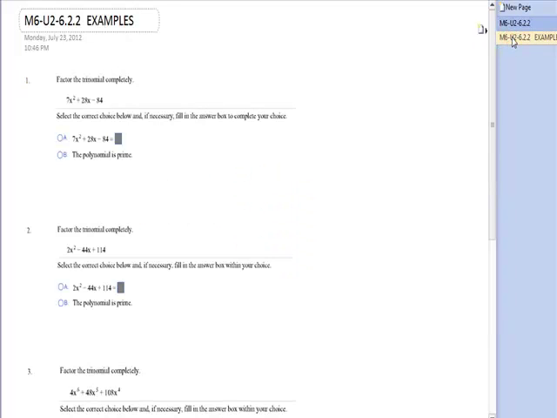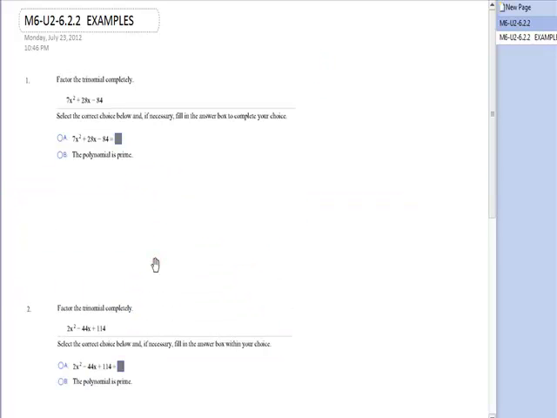All right, let's look at our problems. The first one, I have 7x squared plus 28x minus 84. I look at this and see a trinomial, and hopefully I begin to think about the parentheses for trial and error.